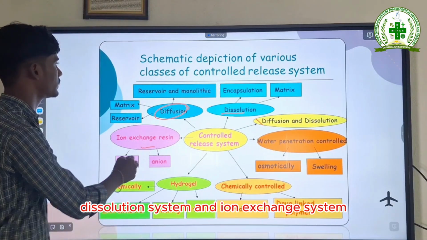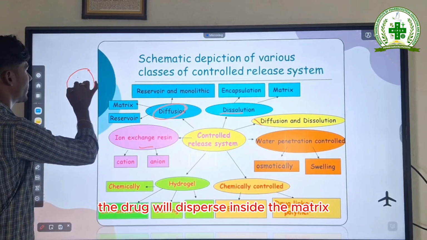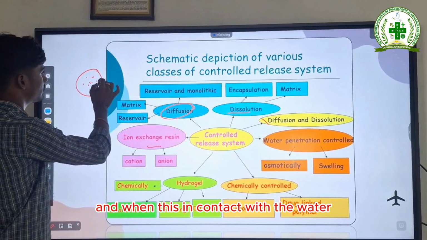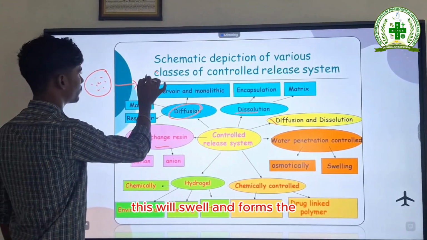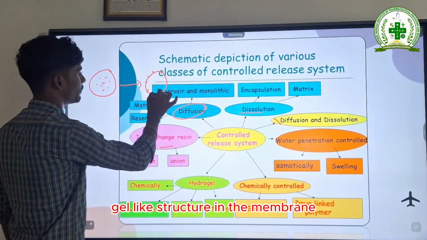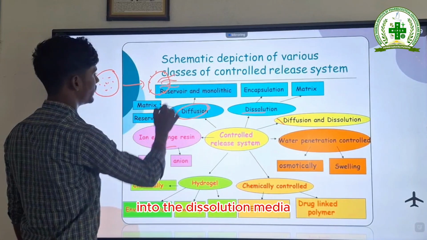In diffusion system, the drug will disperse inside the matrix, and when it comes in contact with the water, it will swell and form a gel-like structure in the membrane, and the drug will diffuse out into the dissolution medium.